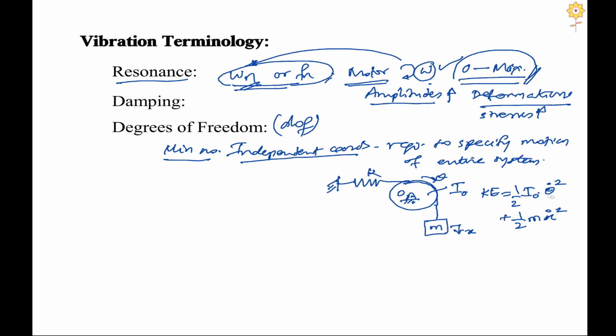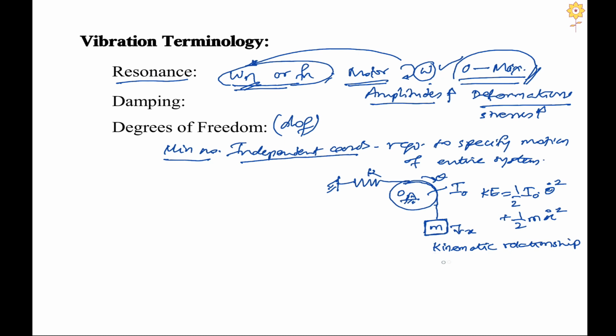So, here I have written the kinetic energy in both the coordinates, but I know from here that for a definite movement of the mass, that is x, I have some definite movement of this disk, that is theta. That means both these masses are related in terms of motion, or I can say there is a kinematic relationship.